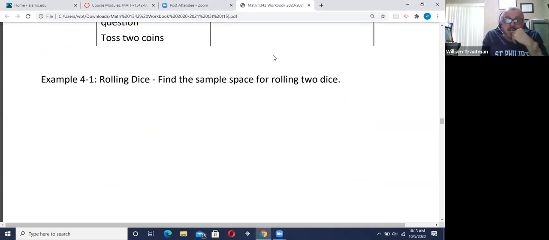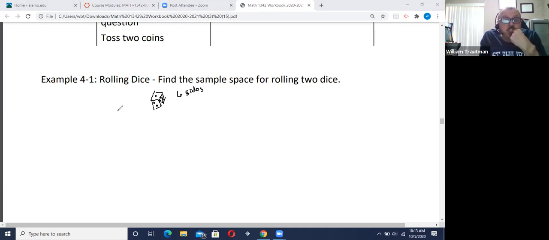Once again, let me draw a dice here. There we go. Something like this. Do you see a dice? If we look at all the sides, a dice has 6 sides.